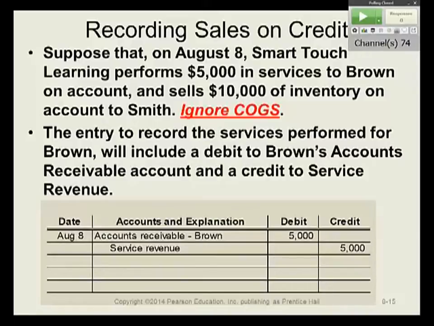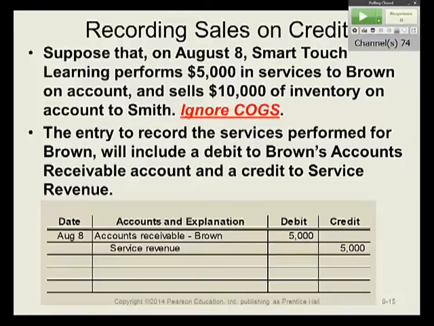Now you notice that the customer's name has to be listed next to the receivable. In the internal information system of the company, that would be a customer number. So not only do we need to track accounts receivable in total, we have to track each individual customer's balance. So we debit accounts receivable for this particular customer, and we credit the sales revenue.